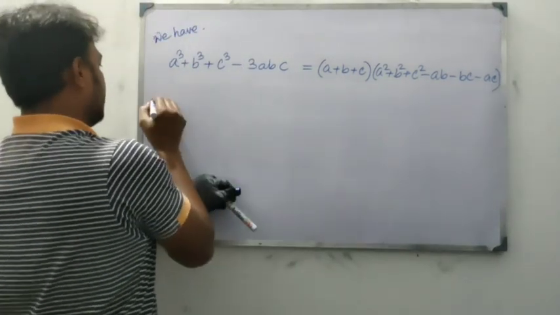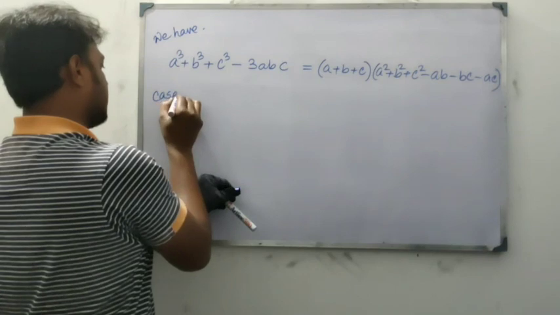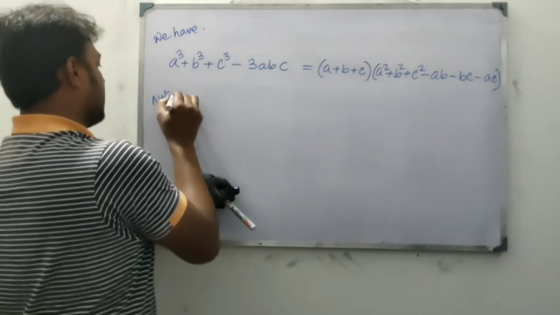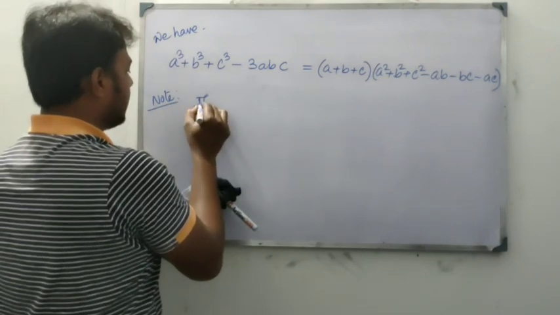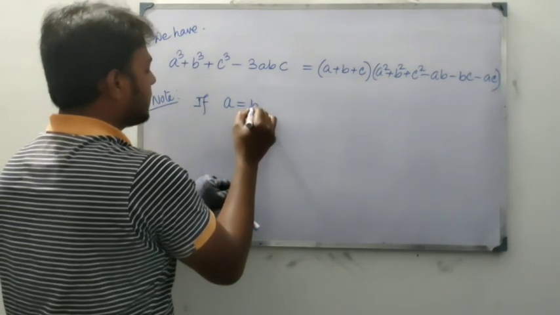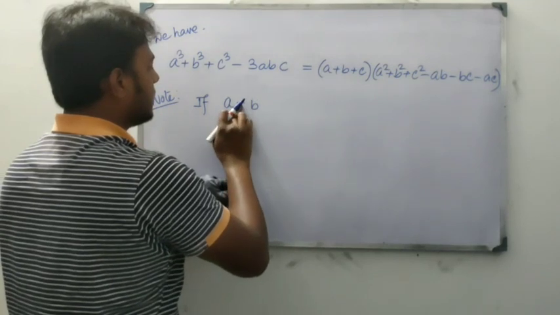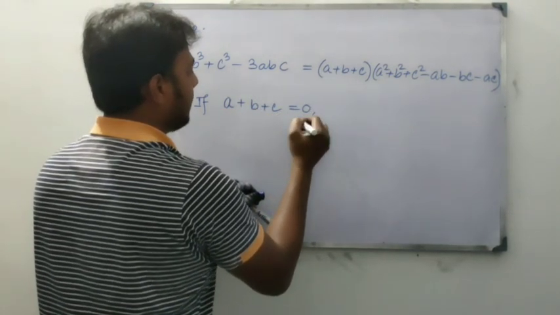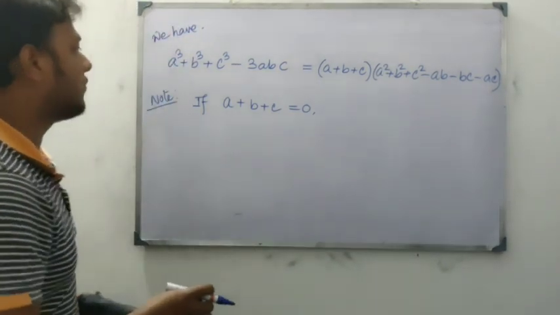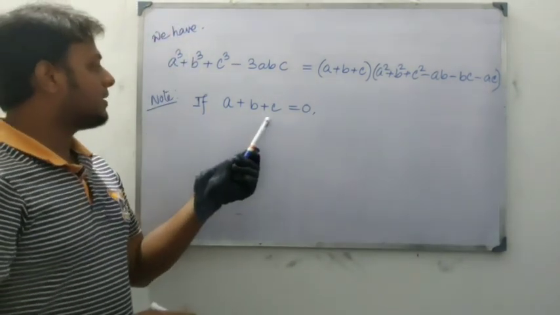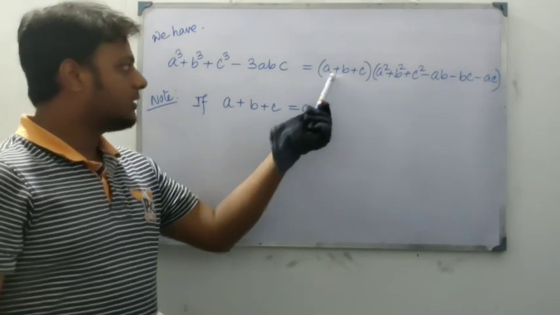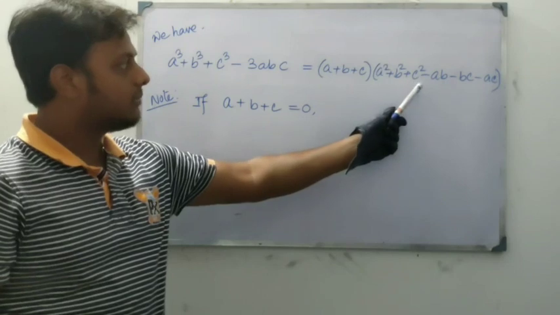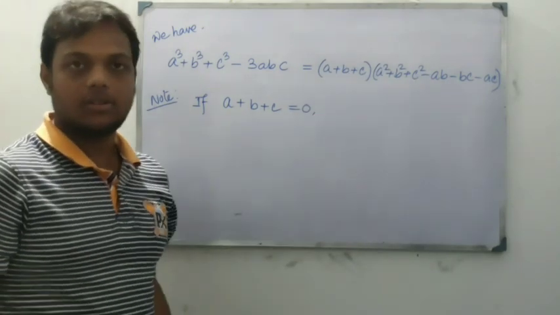Now, note 1, write it in your notes. Note 1: if a + b + c equals 0, then what will happen? What can we conclude from here? If a + b + c equals 0, then this term is 0, and 0 into this means the entire right hand side equals 0.